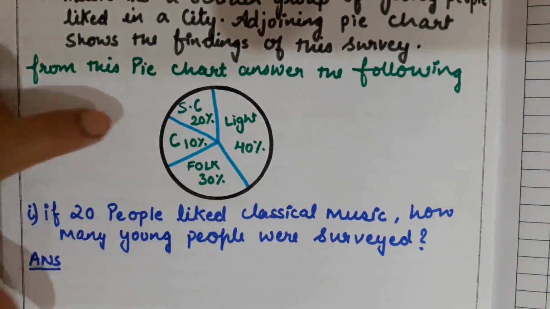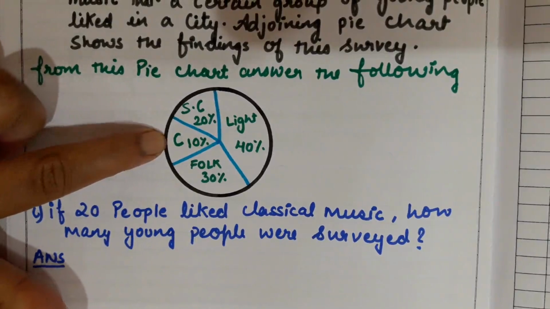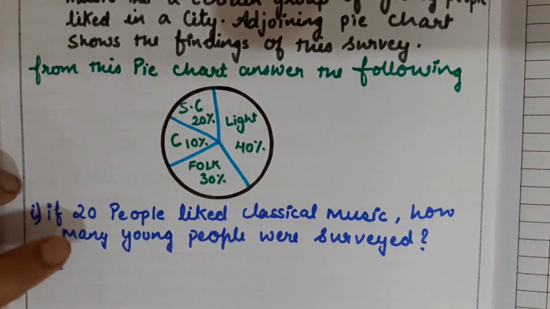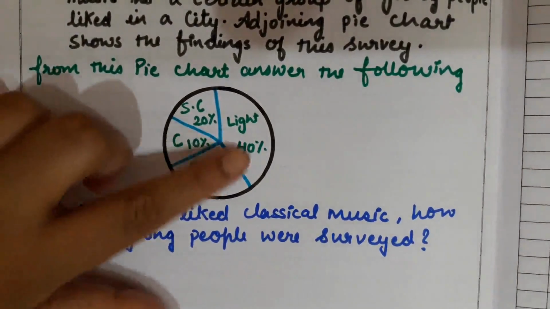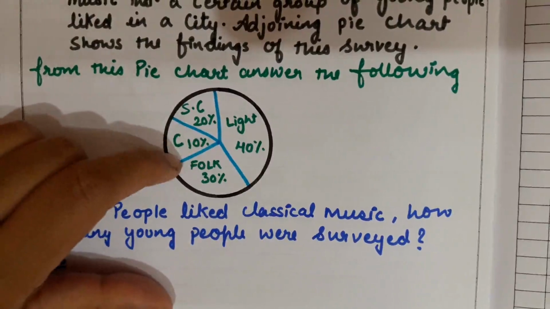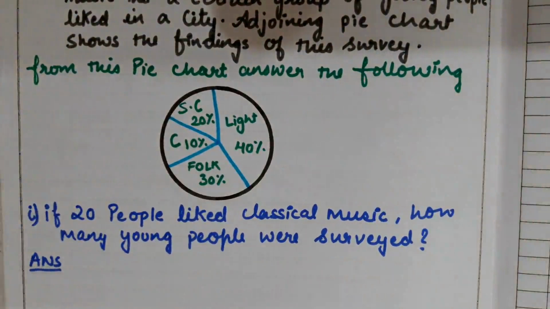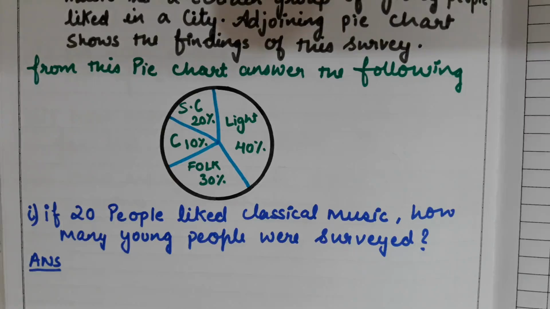It means classical music is 10%. So 10% is equal to 20, out of 100%. We need to find the total number of people who participated in the survey.